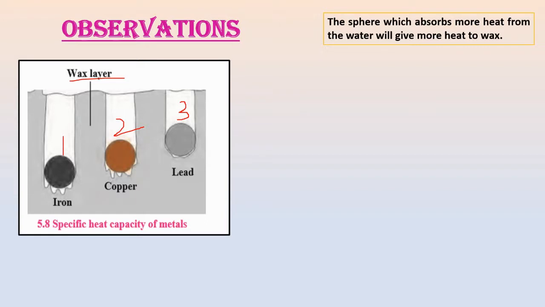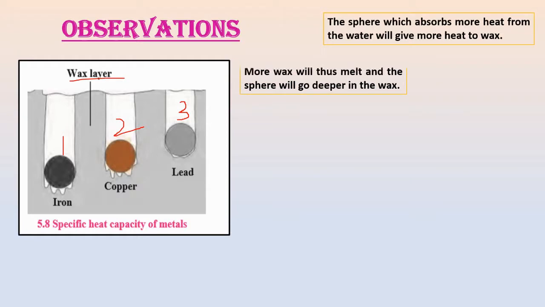The more heat energy they absorb from the water, the more heat they will give to the wax. This indicates that more wax will melt and the sphere will go deeper in the wax. Since more heat is given to the wax, the wax will melt because of the heat energy given by the spheres, and the sphere will go deeper into the wax.